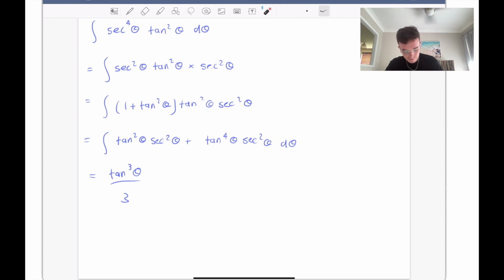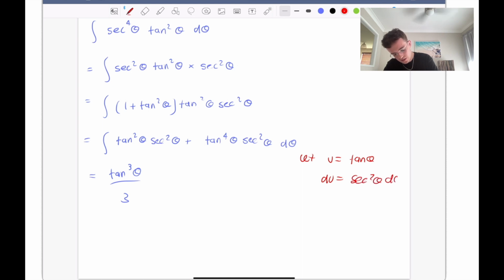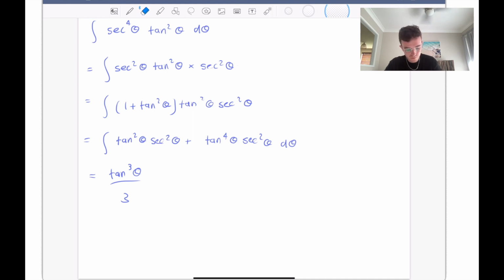Same idea here. If we let u equal tan theta, that means du is sec squared theta d theta, which is that bit right there. So this is going to be u to the power of 4, and if we integrate that, we get u to the power of 5 on 5.